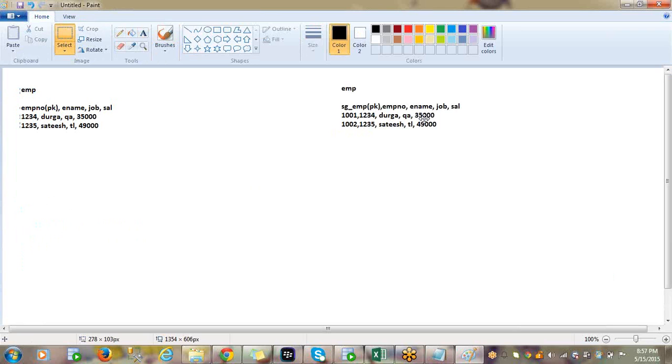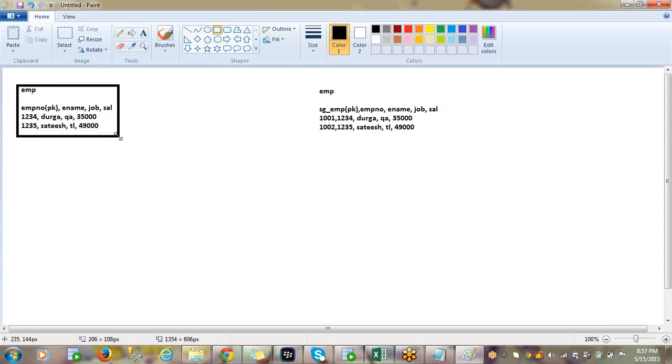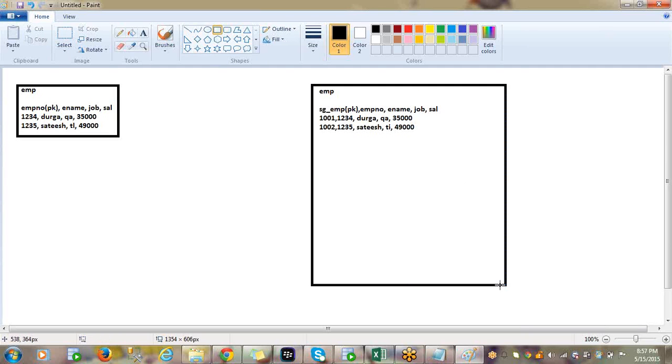Now this is my source table, the first block that you see, the source table data, and this is my warehouse table. Every time in the source, whenever the data changes, it will be an update.